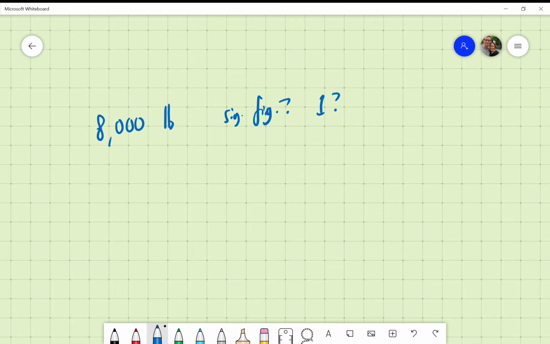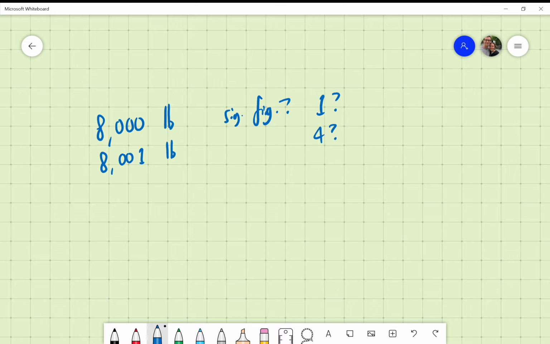But I said, well, hold on. What if suddenly the force adjusts? Maybe it increases to like 8,001. Do you now have 4 significant figures because you happen to be like 1 pound more than you were? That doesn't seem fair. That doesn't seem correct.